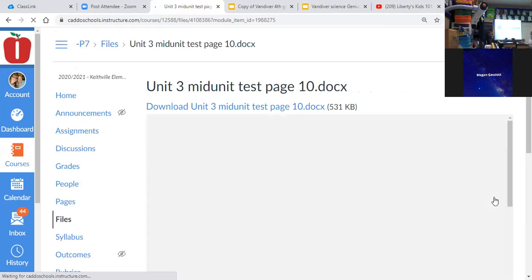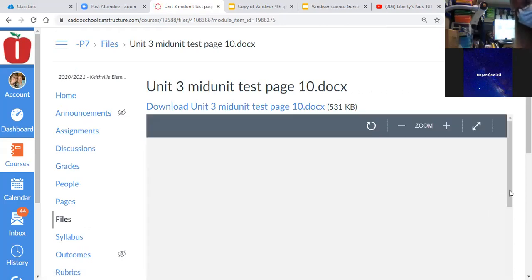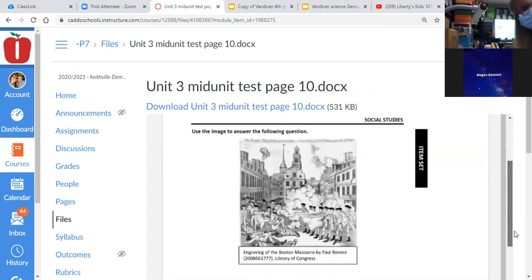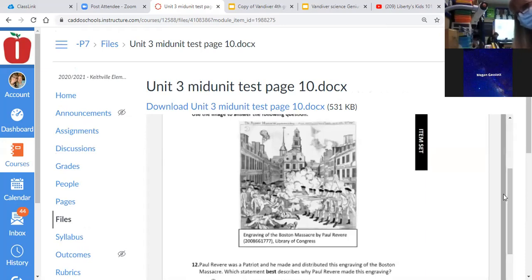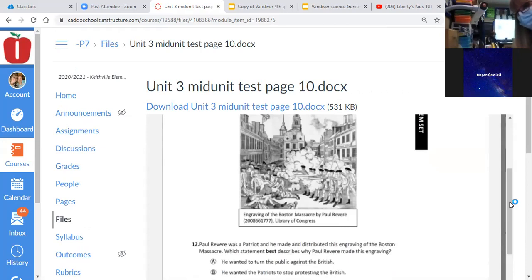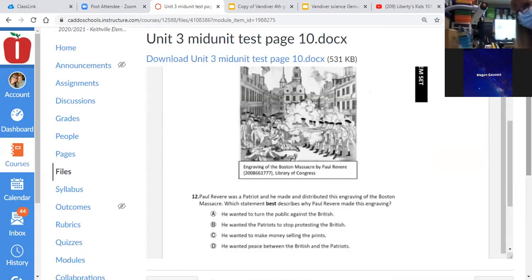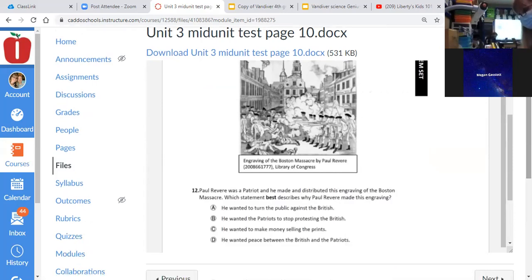And here we go to the engraving again by Paul Revere. Yes, because Paul Revere's engravings were typically on silver, so his engraving would have been silver with maybe some ink rubbed into it, so black on silver maybe.